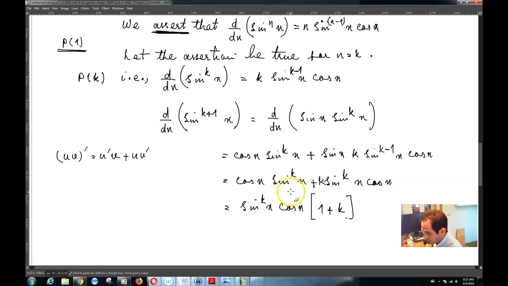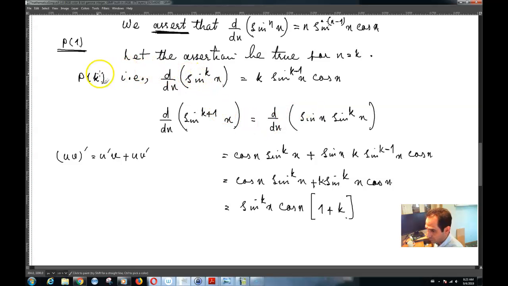So we assumed that P of k is true. We said that P of k was d by dx of sine raised to the power k of x equal to k times sine raised to the power k minus 1 of x times cos x.